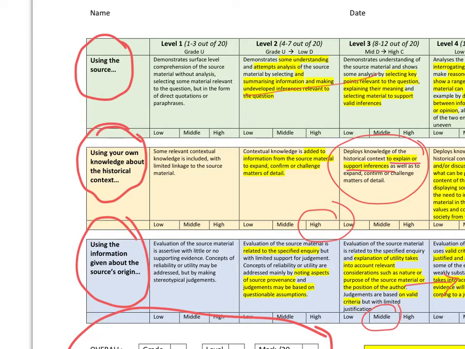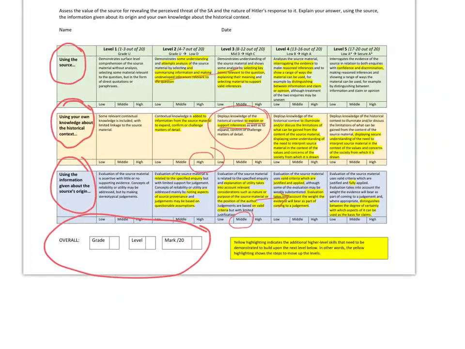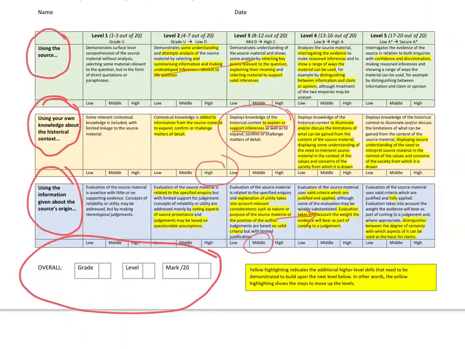So you can't be really good on one and really weak on the other two and expect to get a high mark. You've got to basically sustain the same level across all three to achieve that particular level. That's really important. So spend time looking at that and reading it and interpreting it and understanding it, okay?